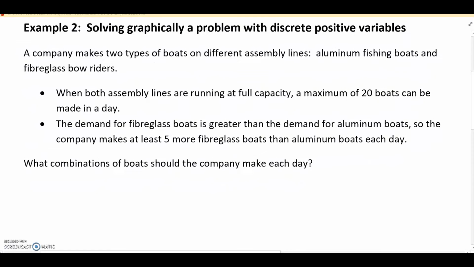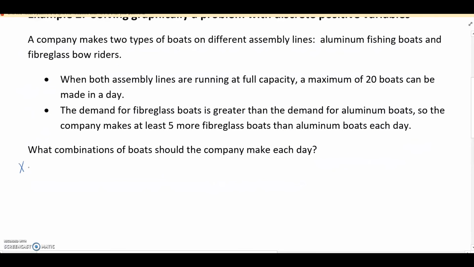Now, again, I'm going to start by defining my variables. I'm going to let x equal the number of aluminum boats, and y equal the number of fiberglass boats.